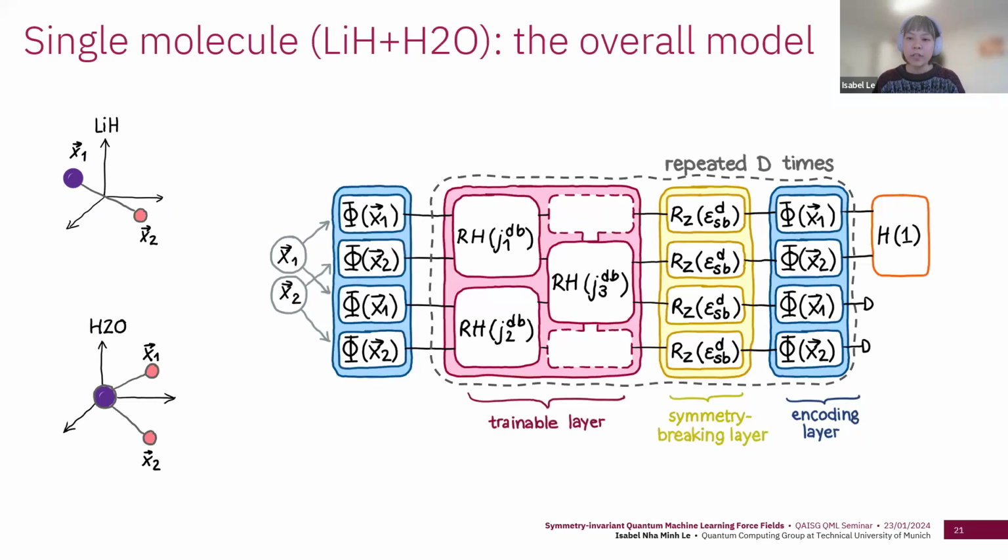So to visualize these 3 architectures that I've just talked about before, I have drawn the overall model here. So this is now first the model for a single diatomic molecule and a single triatomic molecule. So for example, lithium hydride and water.